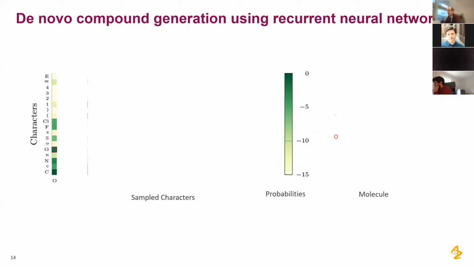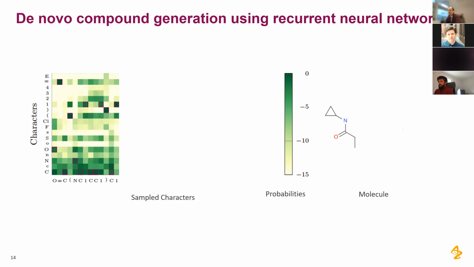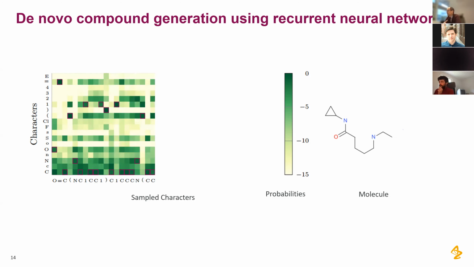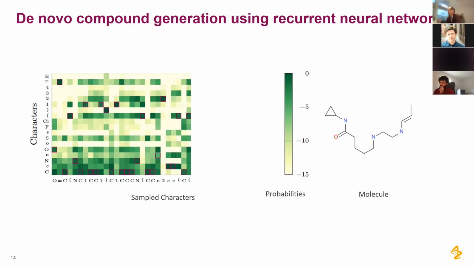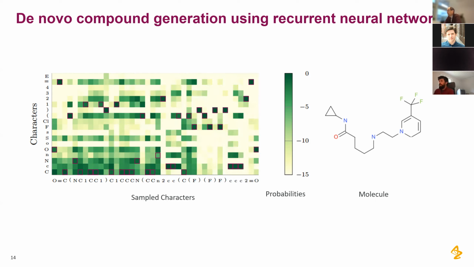Then we ask what the next probability distribution is if the first was an oxygen. We get this one, and we sample, and this is a double bond, and we can update the molecule and so forth, and we go through. Depending on what you sample, you will get new possibilities, and that in the end leads to a lot of different possibilities for generating SMILES strings.